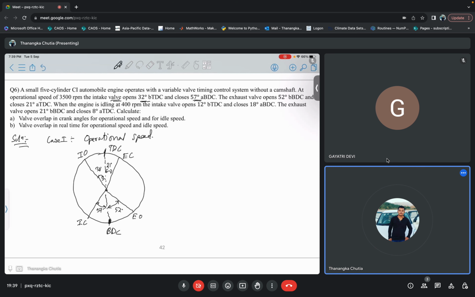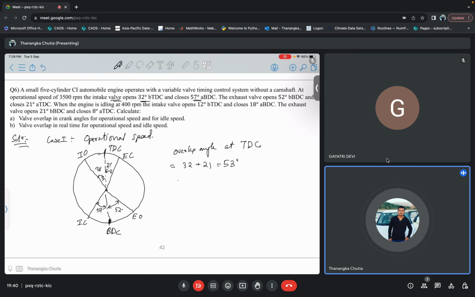Now, overlap angle is what? Overlap angle at TDC will be equal to 32 plus 21, that is equal to 53 degree per 360 degree revolution.